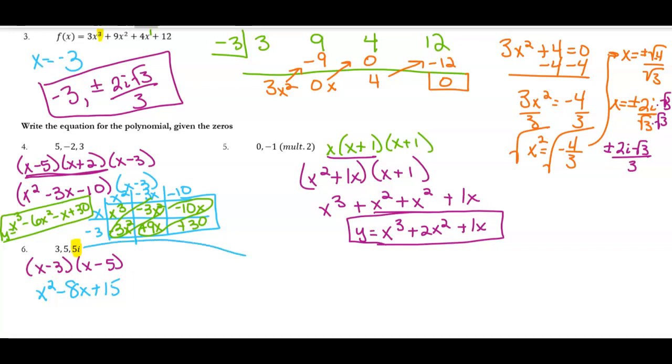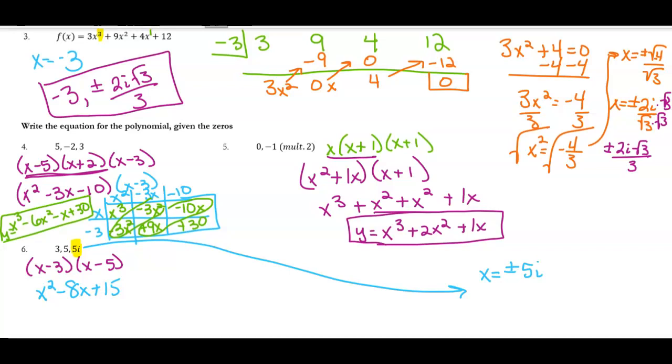Okay, so we're going to come over here and talk about this. So if I have a 5i, I really have a plus or minus 5i. Okay, so we're going to kind of work backwards thinking about how I get this. I think it's easier to work backwards than doing the substitution process.